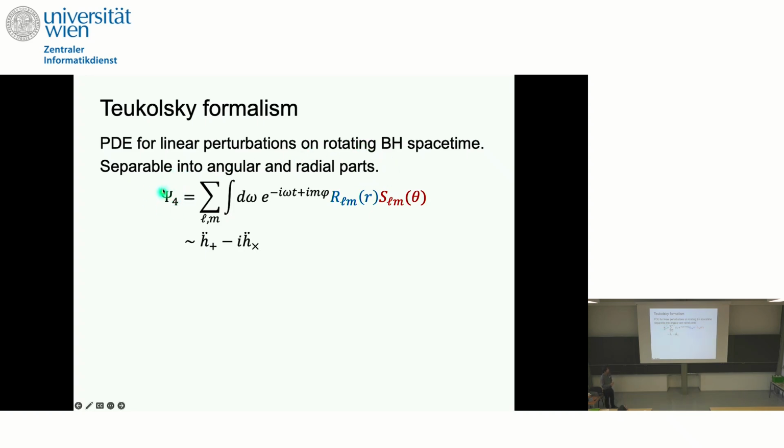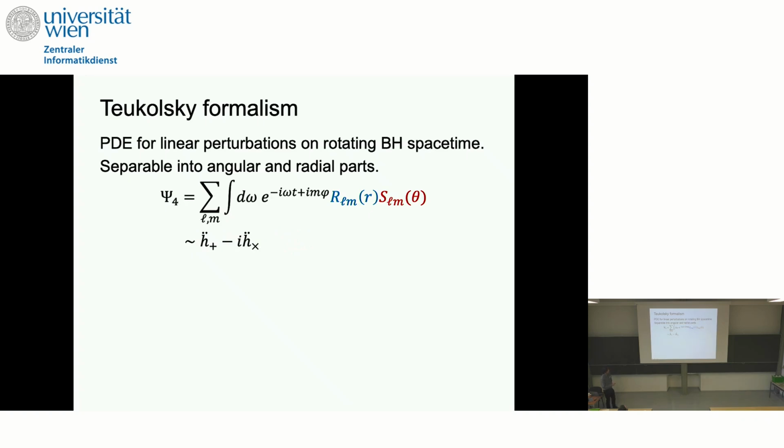It's a Weyl scalar, separable into an angular part and a radial part. The radial part is this R, and the angular part is this S. It is related to the strain of the gravitational waves in this way: it's the second derivative of the strain, if you take the far region limit.